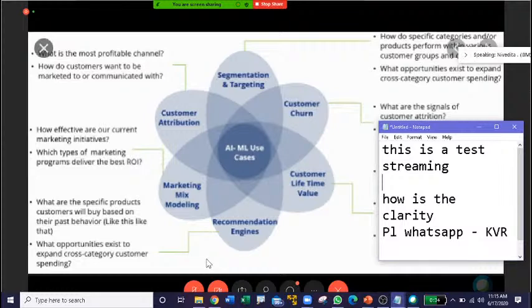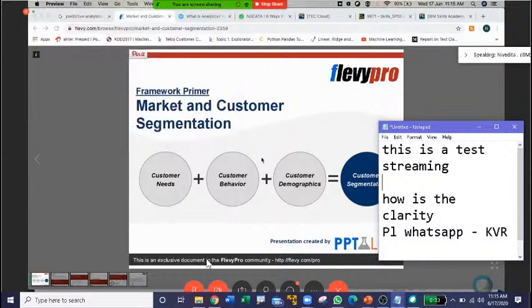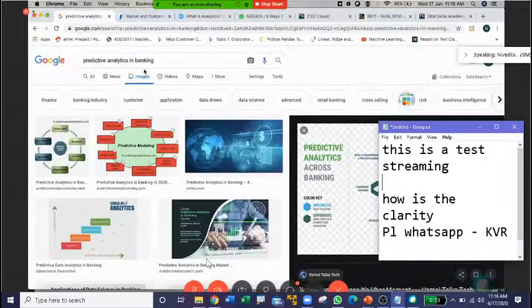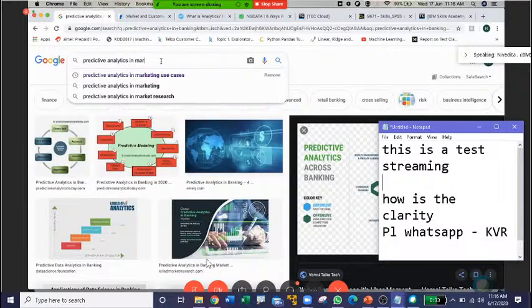Similar types of questions, I can just share the screen. This is just a photo. You can take this and relate it to customer churn as well. I will send you the link, so that it's easier for you to understand what you're trying to do.